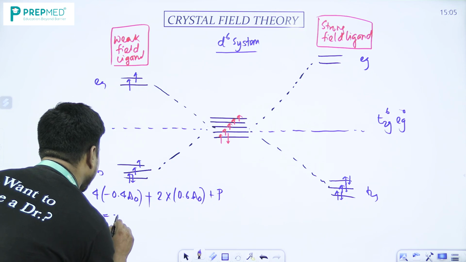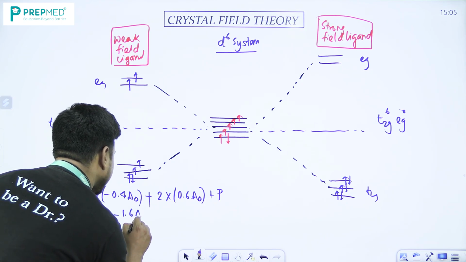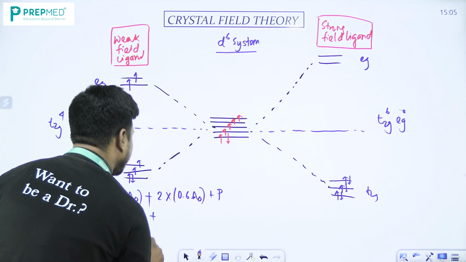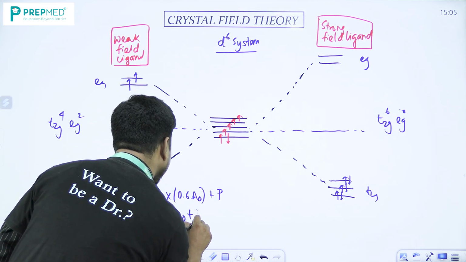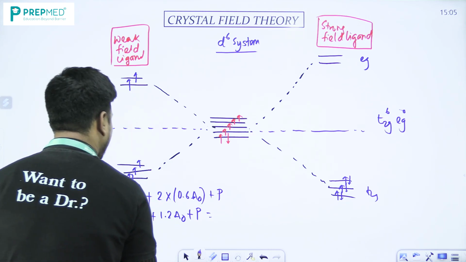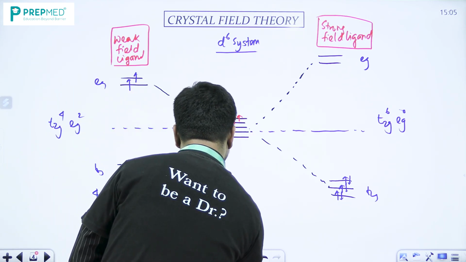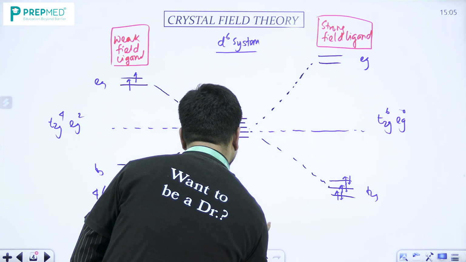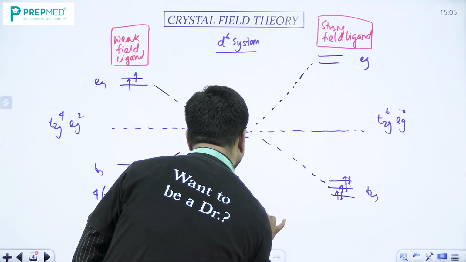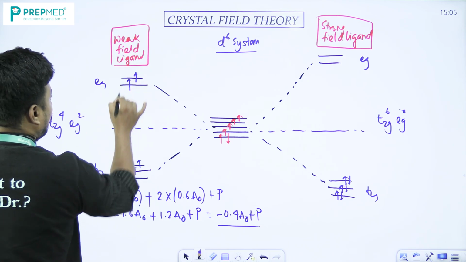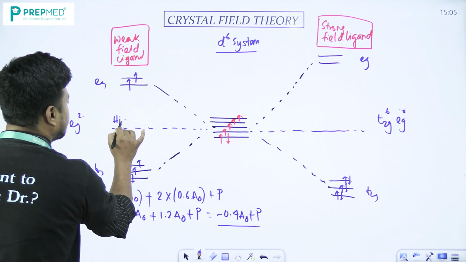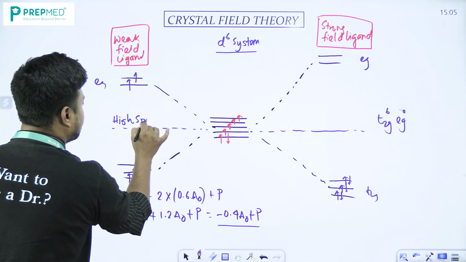So this will be equal to minus 1.6 delta O plus 1.2 delta O plus P, and that will be equal to minus 0.4 delta O plus P. Right? So this is the crystal field energy for this kind of complex, weak field, and this is your high spin complex.